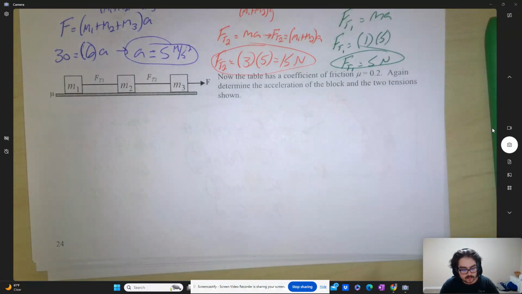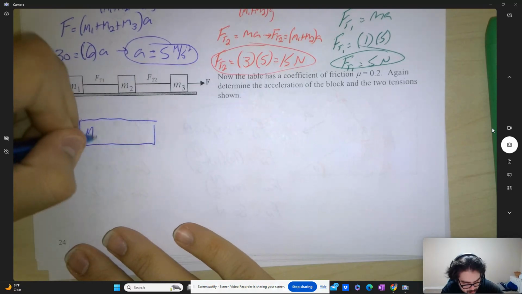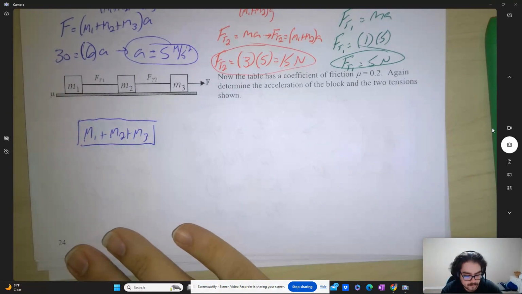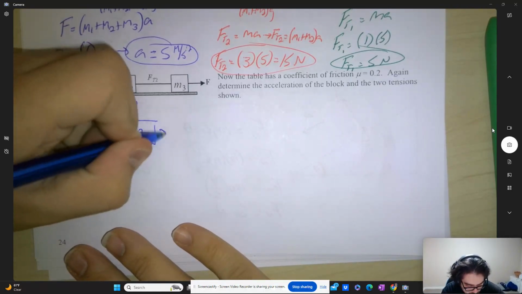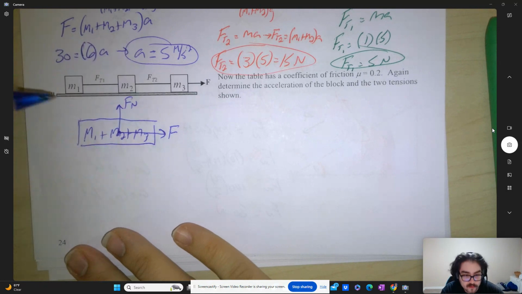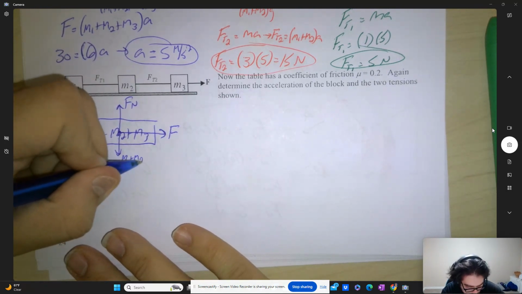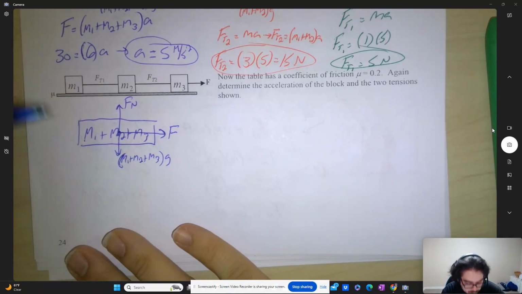Again, I'm going to start with the whole system, okay, m1 plus m2 plus m3. Again, you've got normal force going up, you've got this force F right here, you've got (m1 plus m2 plus m3) times g, okay?